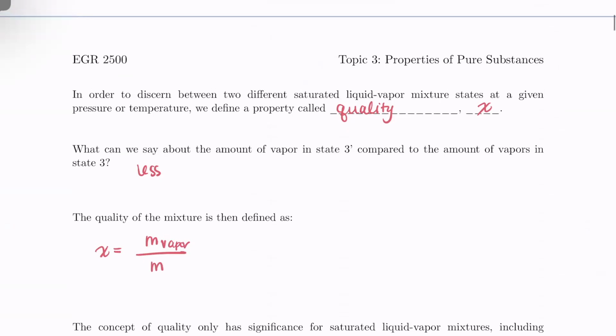So this is the mass of the mixture, or you can think of it as the total mass. And then obviously this is the mass of the vapor in the mixture.